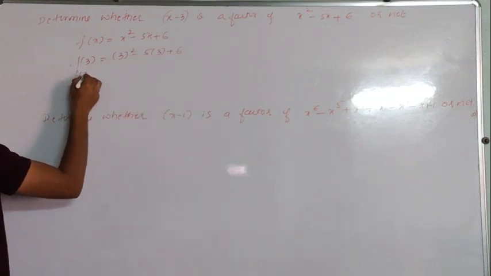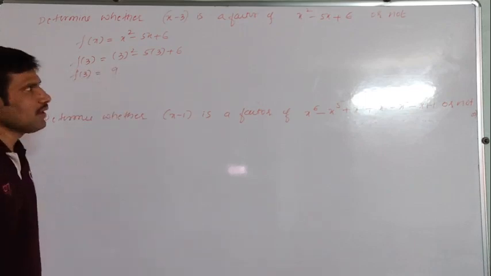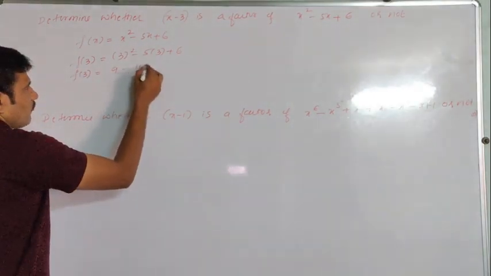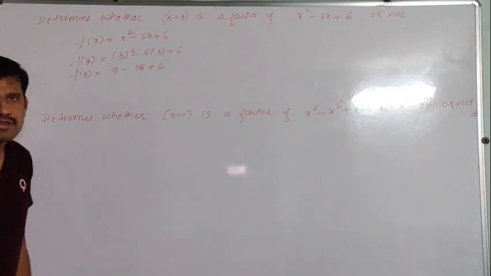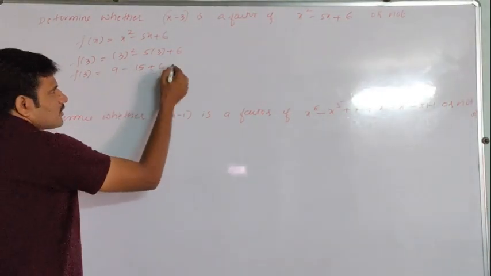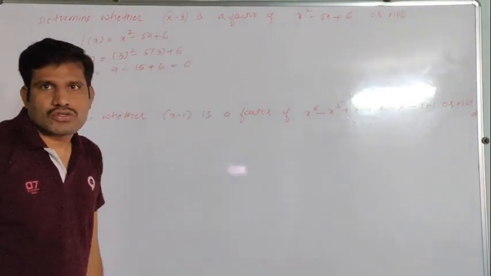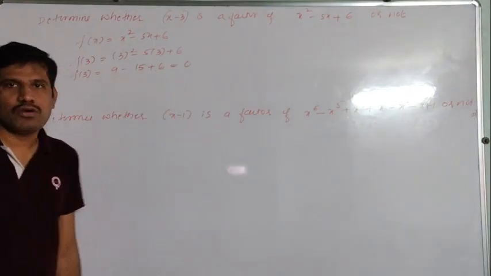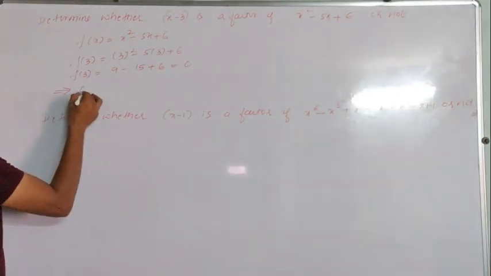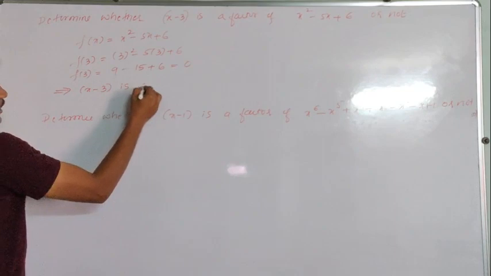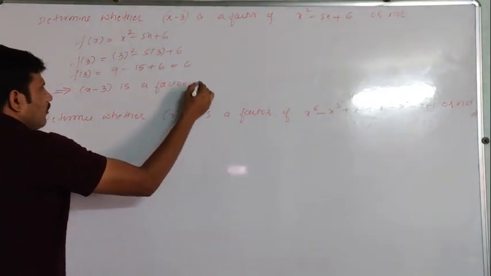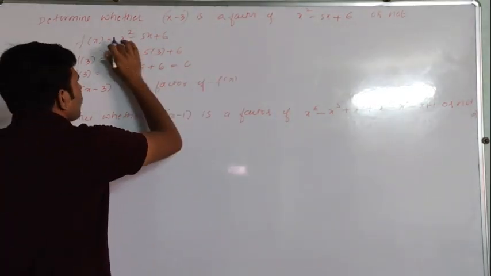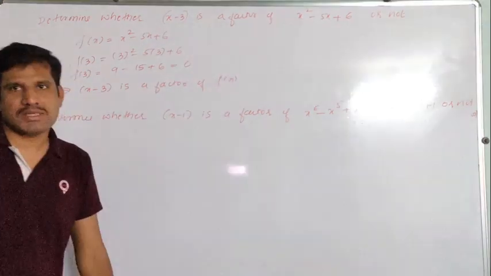So f of 3 is equal to 3 square is 9, minus 5 into 3 is 15, plus 6. So 9 minus 15 plus 6 is 0. So since f of 3 is 0, this implies x minus 3 is a factor of f of x, that is x square minus 5x plus 6.